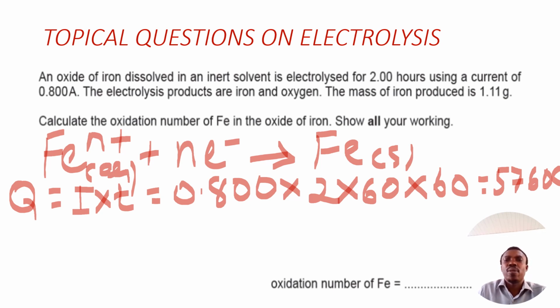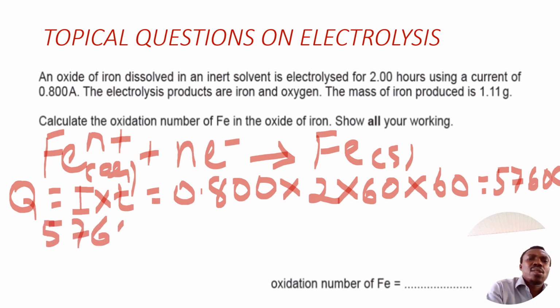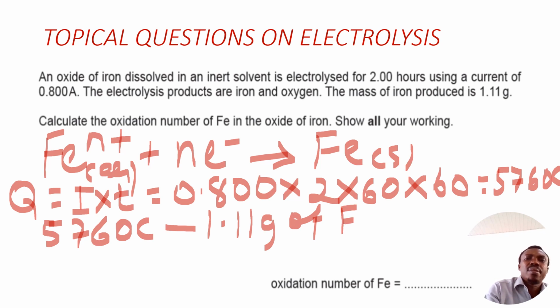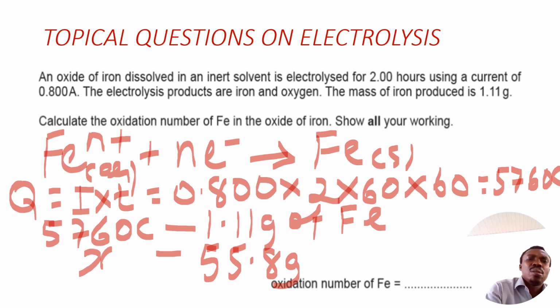Now if you look at the question, you are asked to calculate the oxidation number of iron in the oxide of iron. That means from our calculation, 5,760 coulomb of electricity deposit 1.11 gram of iron. Therefore, 55.8 gram of iron, which is the relative atomic mass of iron, which is 1 mole of iron, will require what quantity of electricity? So we'll cross multiply.